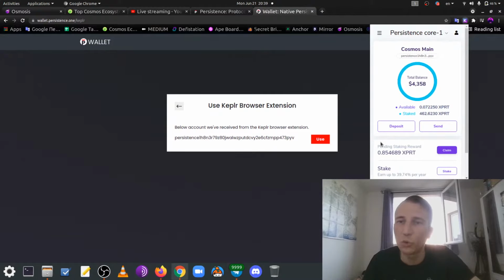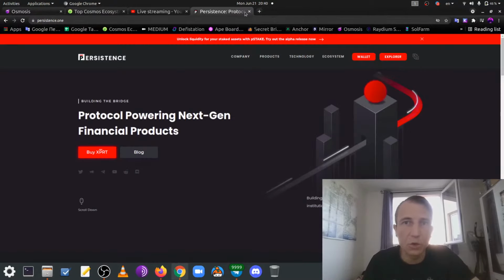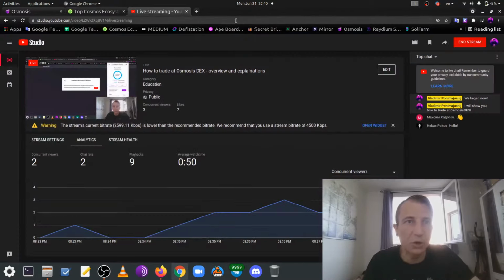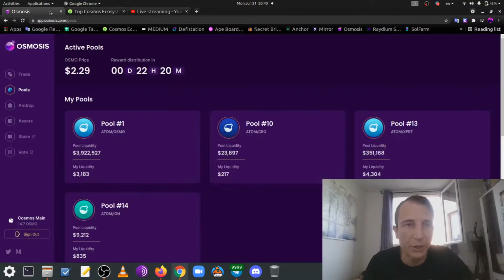You will need to approve the connection twice between the Persistence wallet and the Keplr wallet, and Keplr wallet will add the Persistence chain. This is not the most important part, because you can find a lot of videos on the internet on how to do it.